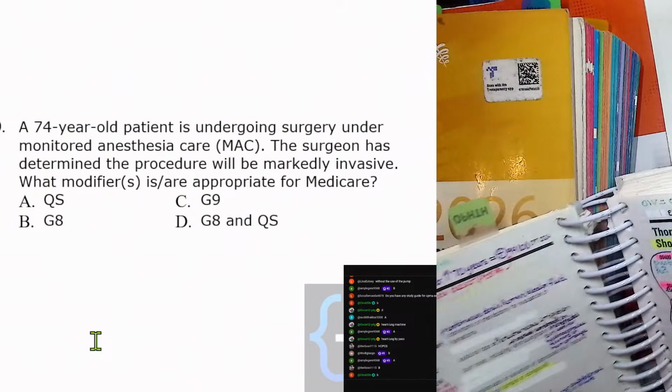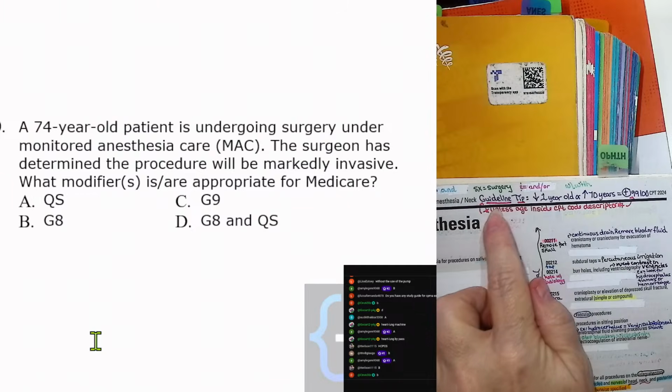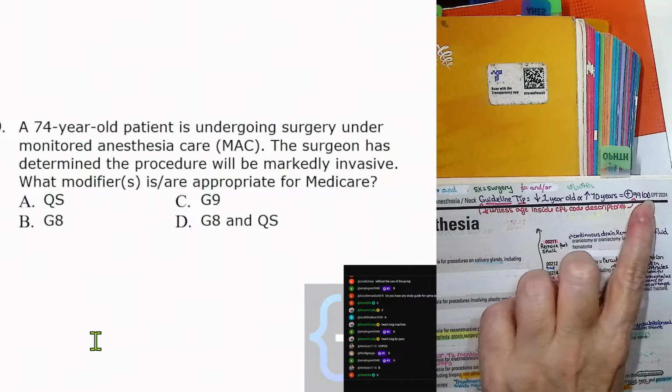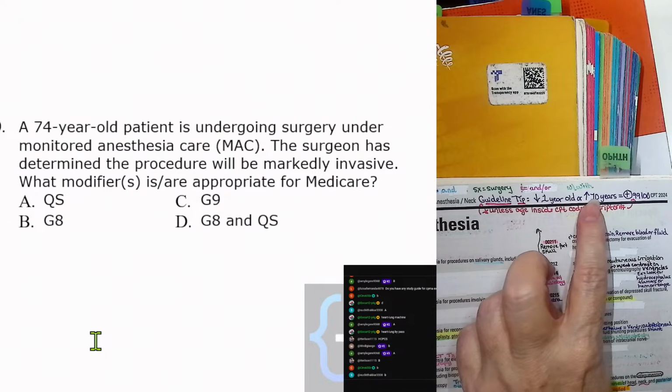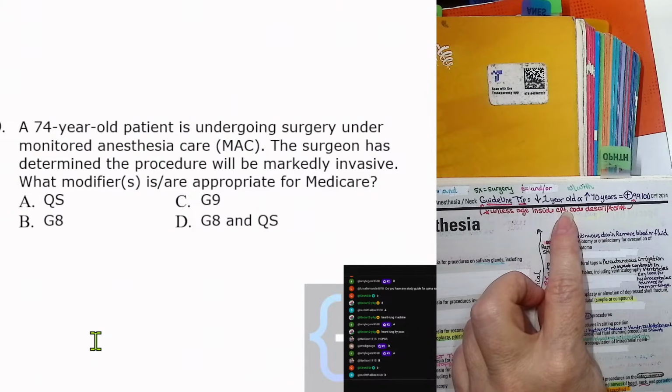And then I add in my little guidelines at the top, like add in the code 99100 if you have anybody less than 1 year of age or older than 70. I have that written at the top of the pages.